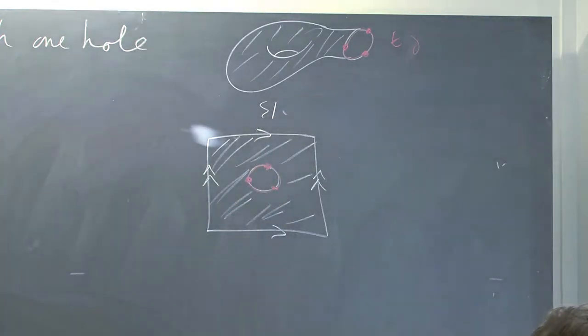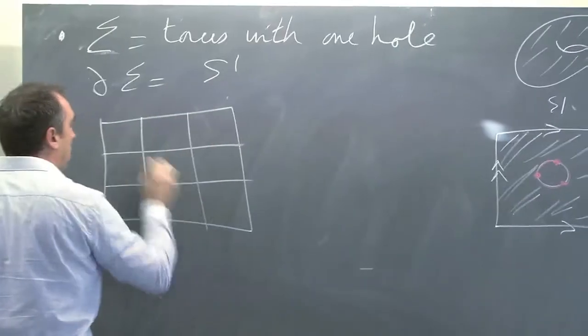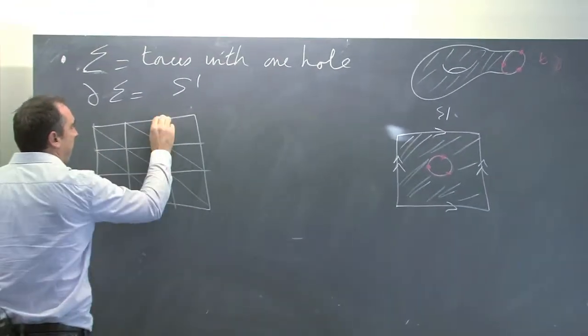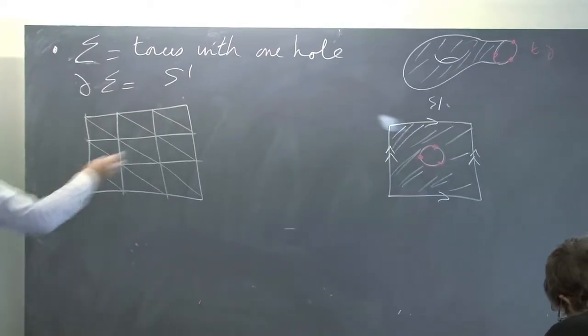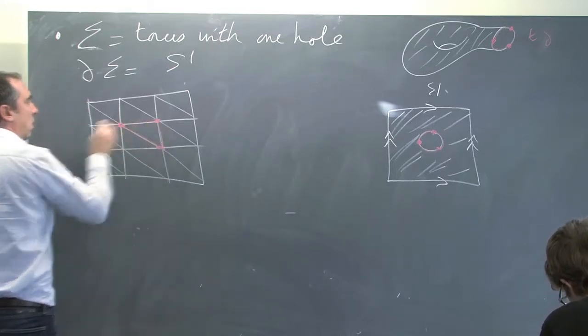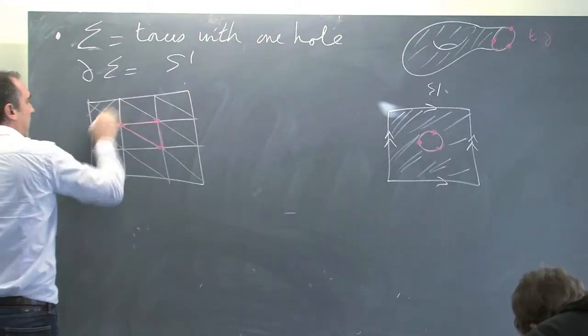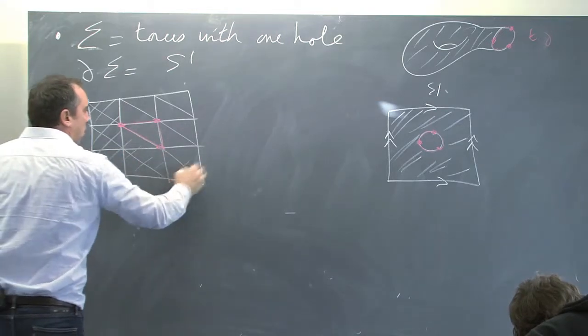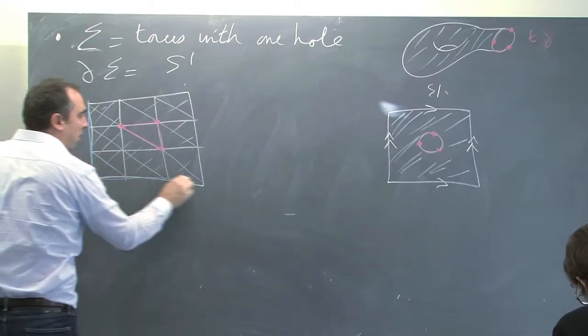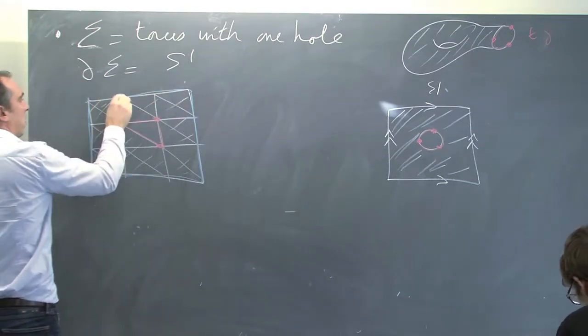Okay, so what can I do? For example, as before, I'll take my triangulation. This was my surface. Maybe I should have written it in blue.